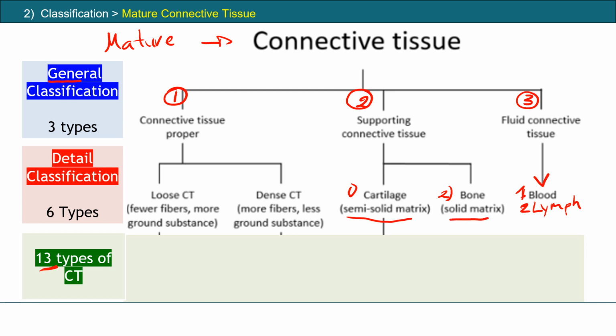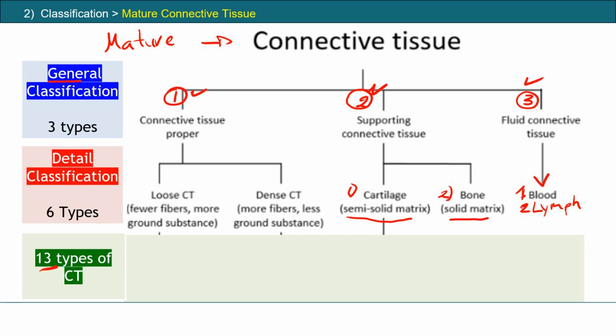So the second and the third types are very atypical tissues. One is liquid and the other one is solid or semi-solid. This is why the first one is called connective tissue proper, which you can remember because it is the one that looks like what we generally think about a tissue.